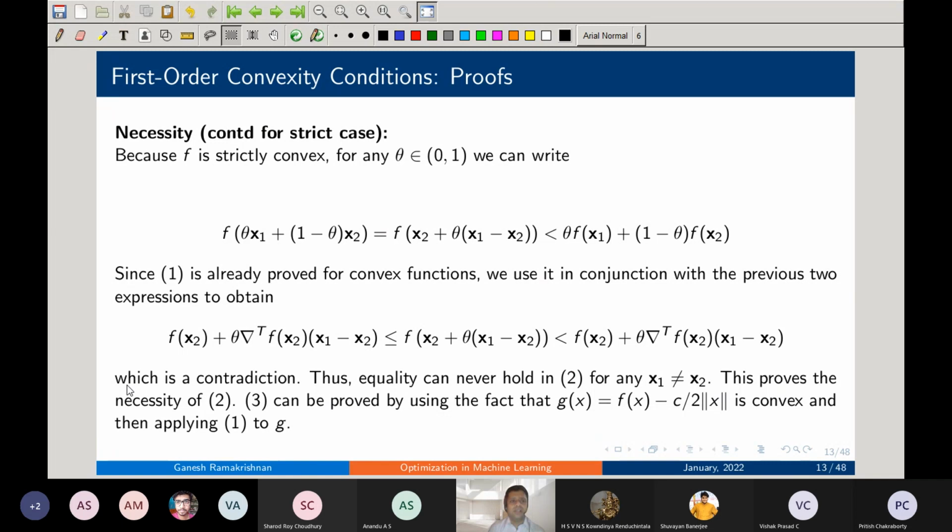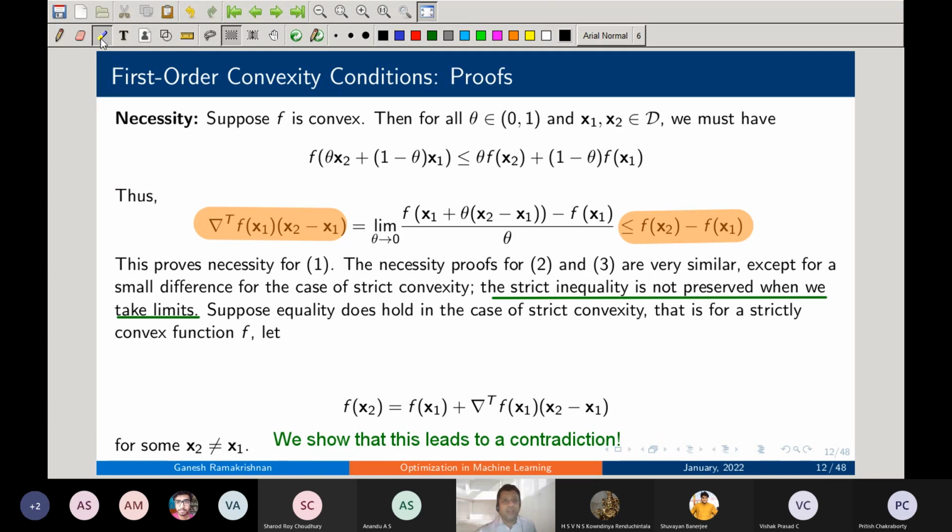If f is strictly convex, we can write this inequality: f of theta x1 plus 1 minus theta x2 is less than theta f of x1 plus 1 minus theta f of x2. This is from strict inequality. And then if you have equality at x2, where x2 is not equal to x1, it's very important to note. If they were the same, then there's nothing to do. The chapter is closed. With x2 not equal to x1, this is going to lead to a contradiction for a strictly convex function.